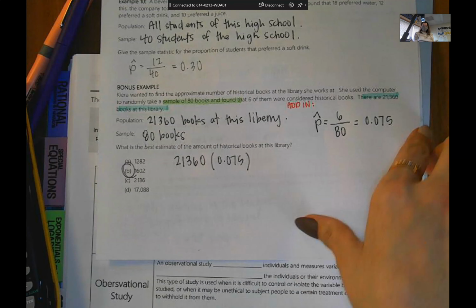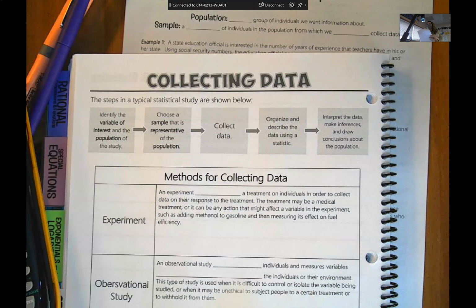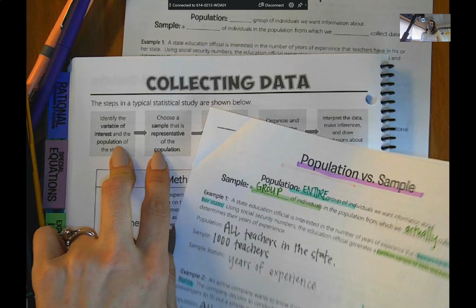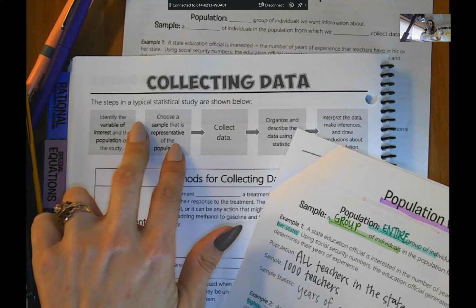Okay, so this whole thing has to do with the first 2 boxes on this page in our notebook. What might we want to know? What is the population? What is the sample? So what we might want to know was years of experience, population, all teachers, sample 1,000 teachers.